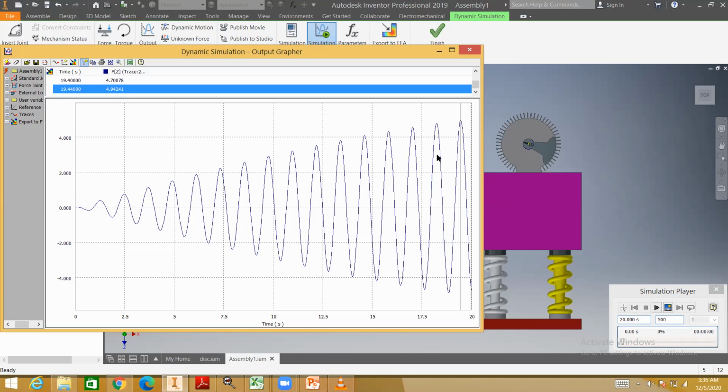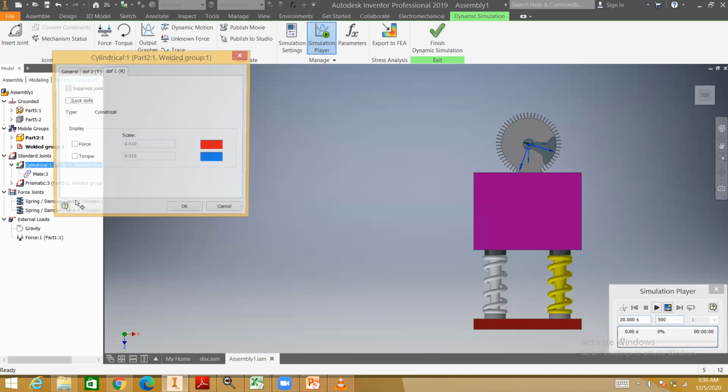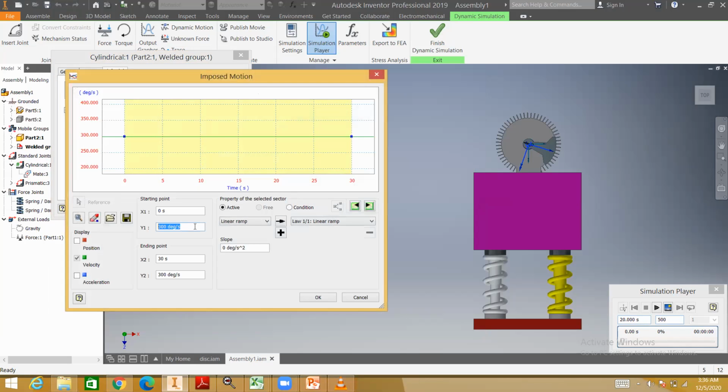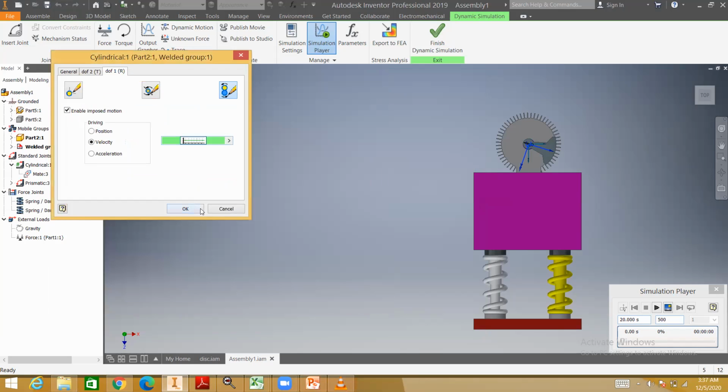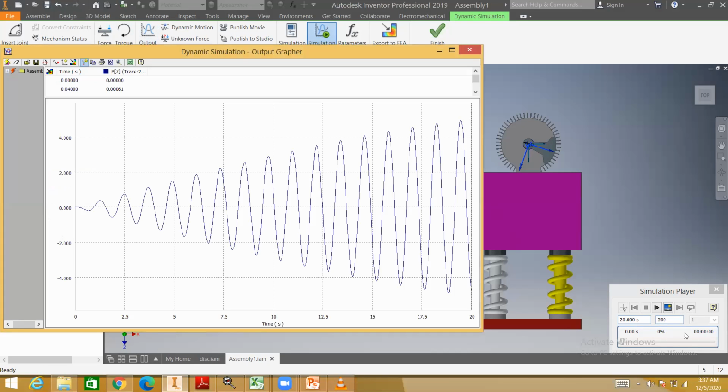We will check what is the change in the displacement. So I will select 65 rpm, which is nothing but 390 degrees per second. Now we will observe the displacement change.